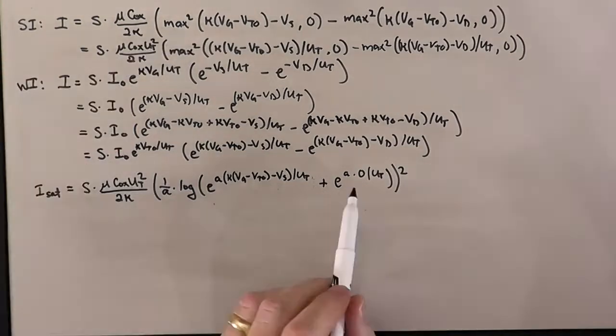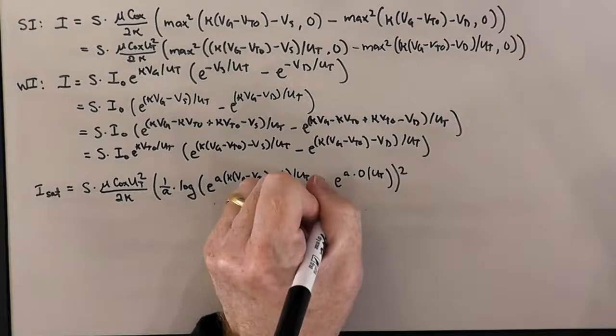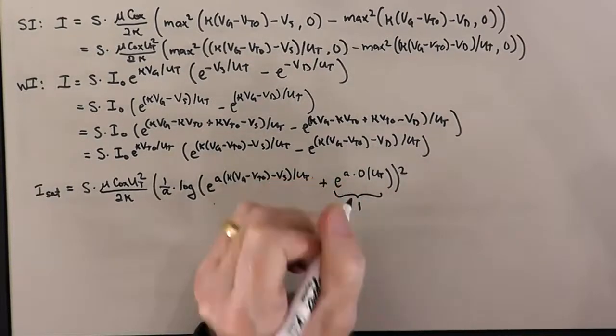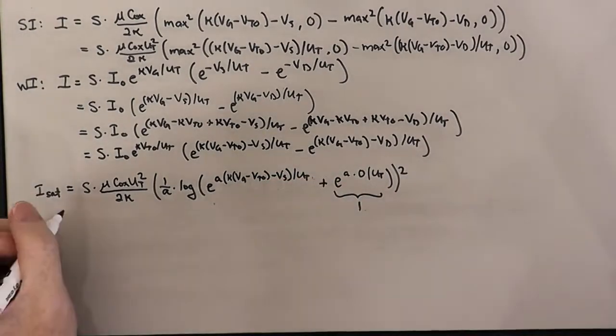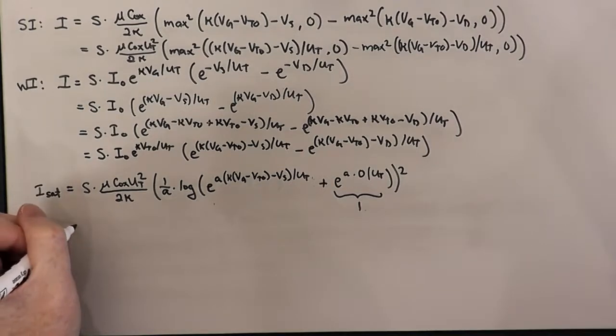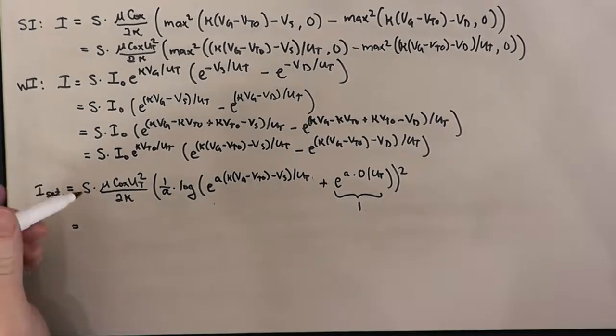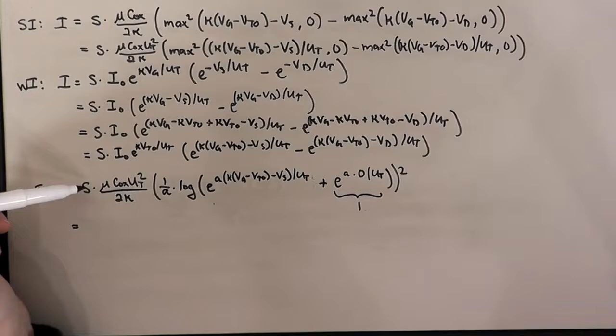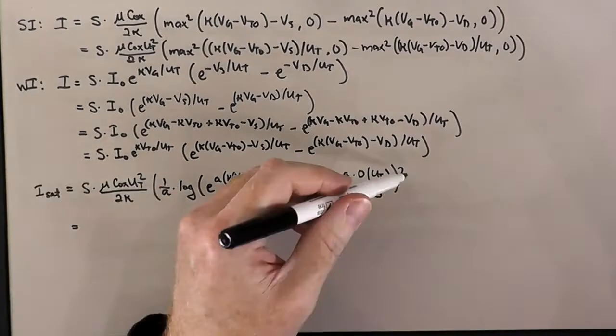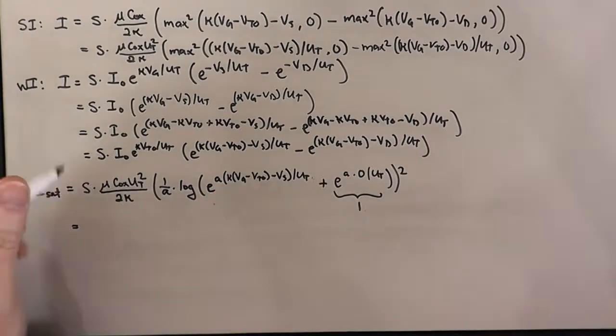And we notice one thing right away, and that is that this is e to the 0 here, which is a 1. So here we have a 1 over a squared, which we can pull out front into this prefactor.